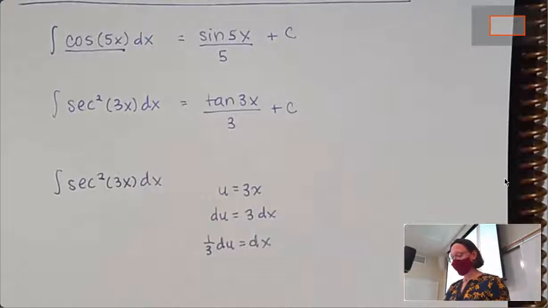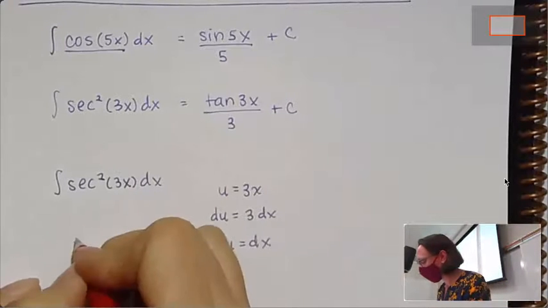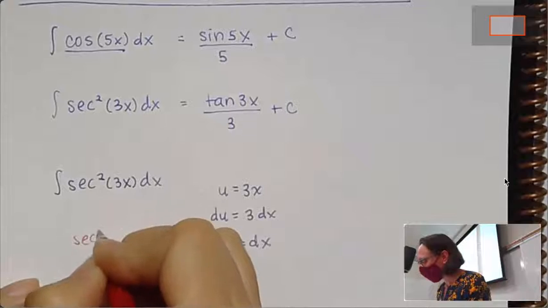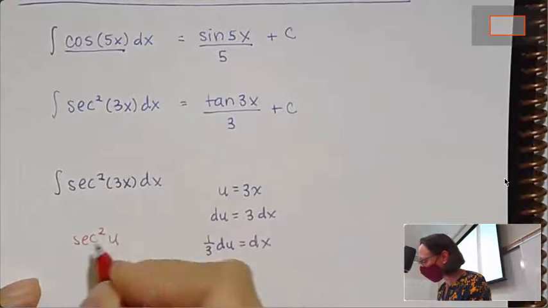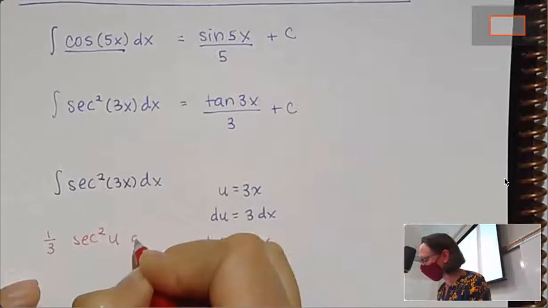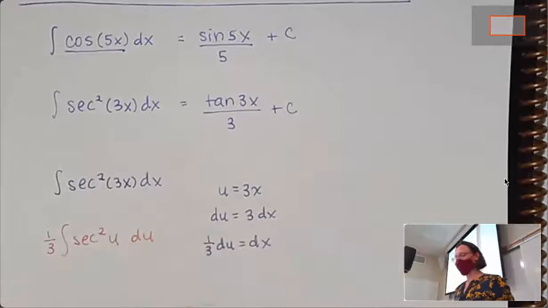Now I can change the problem we've got into saying secant squared u times 1/3 du. And I went ahead and put my 1/3 out in front of the integral. You could leave it inside. Doesn't matter either way.